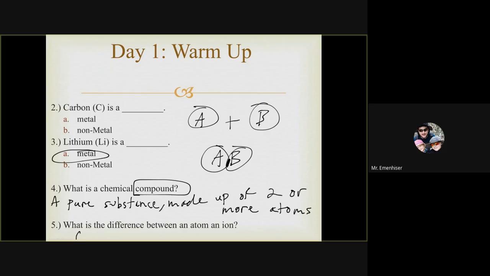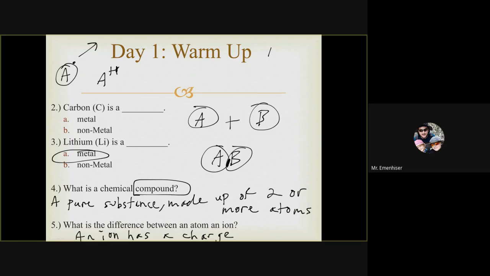What is the difference between an atom and an ion? An ion has a charge. So if you take an atom, let's say atom A, and let's say it's got an electron on the outside here. Let's remove that electron. It's going to become charged. It's going to be A with a +1 charge because it's lost an electron.